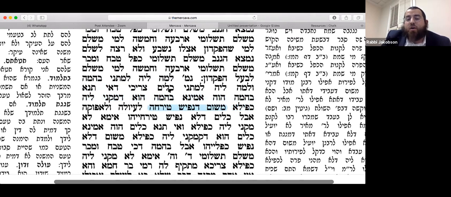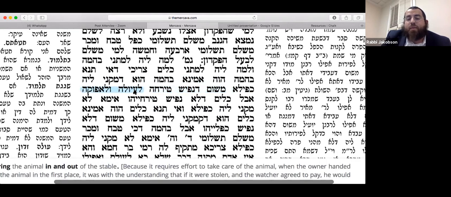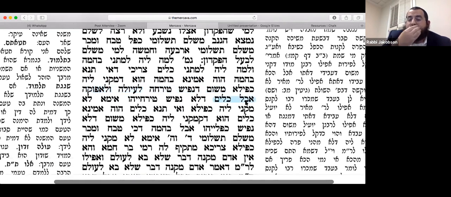For there's a lot of burden to bring him in and to take him out, to deal with the animal. However, vessels, that there isn't a lot of burden, perhaps you will say that he doesn't sell him the double, meaning that the depositor doesn't sell the double to the watchman.